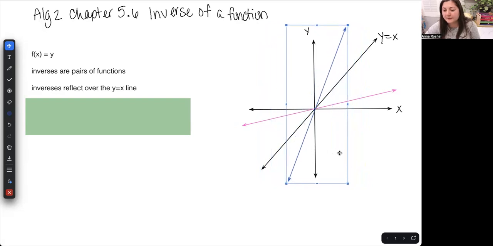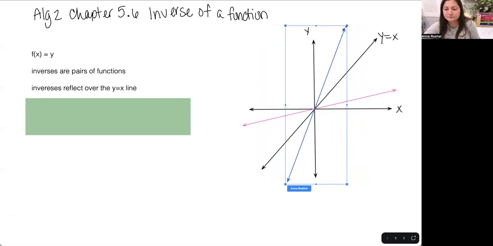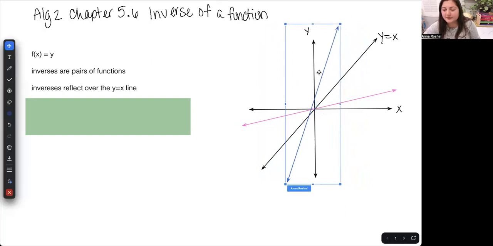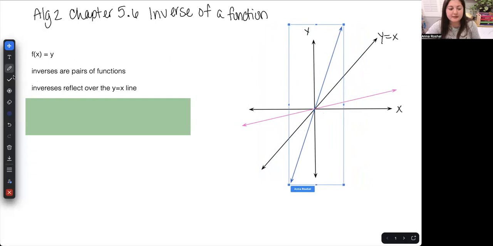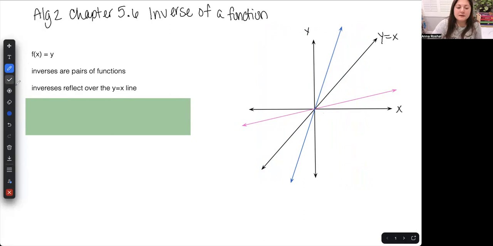And so we're looking at this from the opposite direction, from the perspective of a fully reflected line. The pink reflects over this y equals x line and becomes the blue, or the blue reflects over the other line.